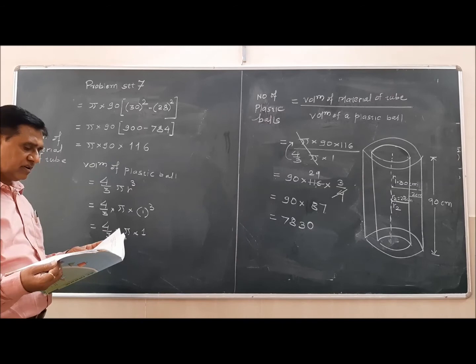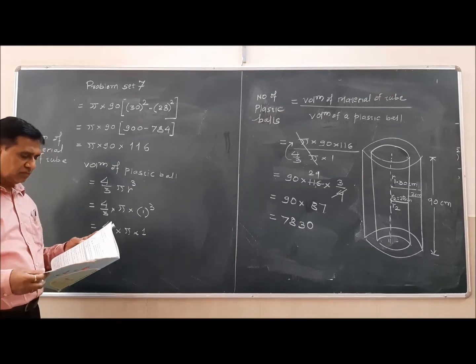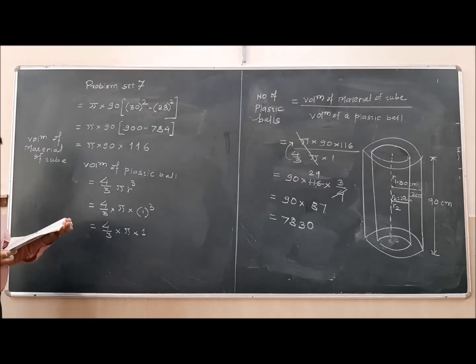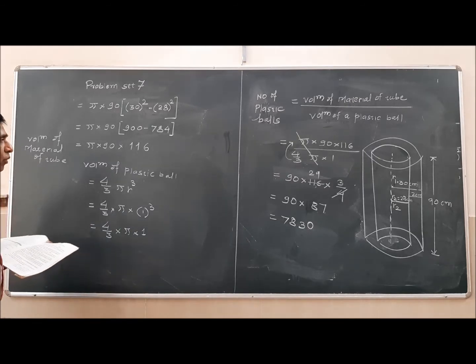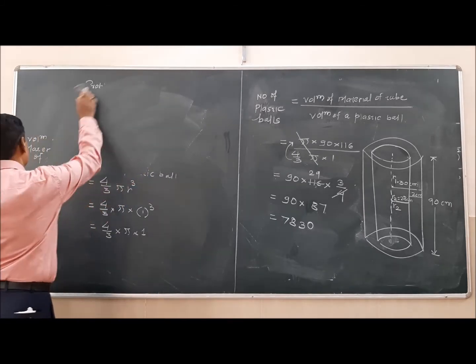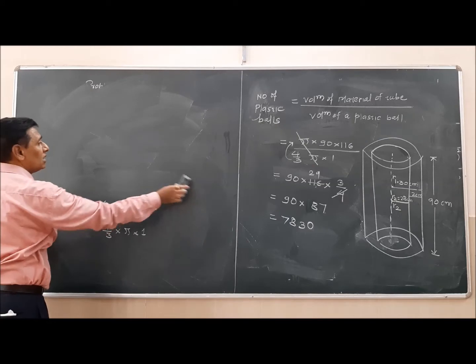Now here we finish question number 3. Now I am going to do question number 4. Question number 4 is also more or less the same as question number 3.